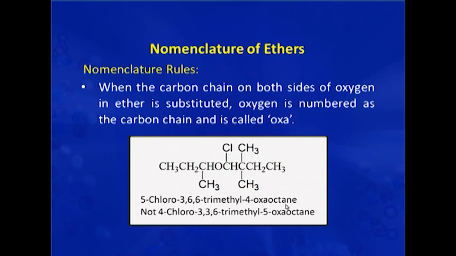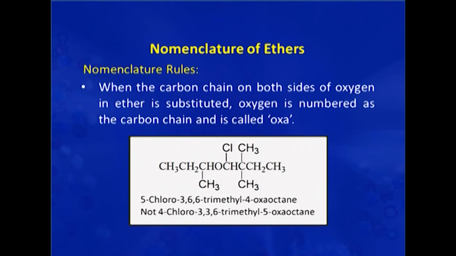5-chloro-3,6,6-trimethyl 4-oxa-octane. Now, the question arises, why are we naming the molecule as 5-chloro-3,6,6-trimethyl 4-oxa-octane? Why not the other way? That is, why not number the molecule from here so that the methyl and chloro substitutions come at a lower number?